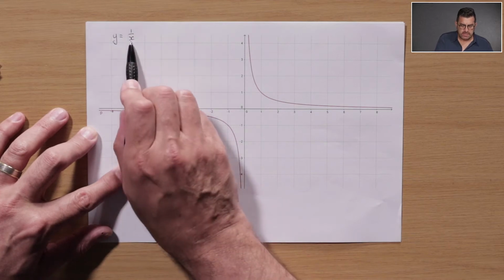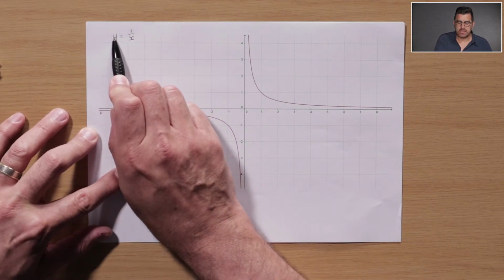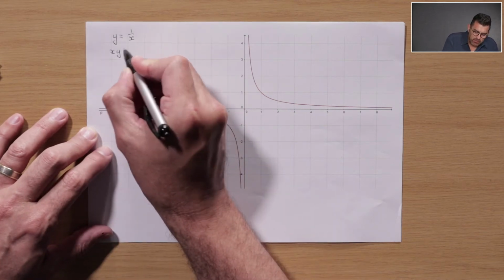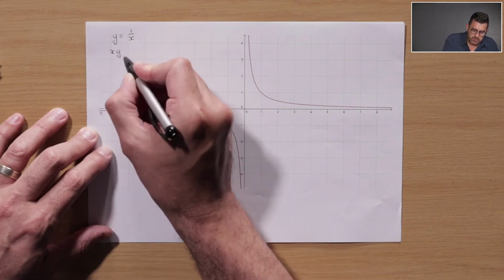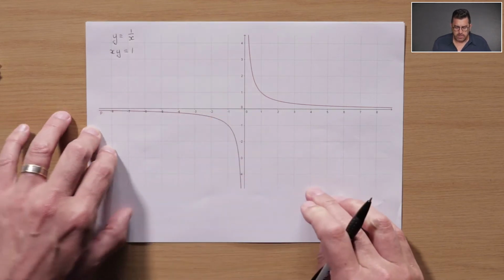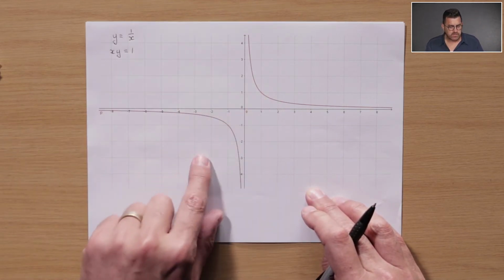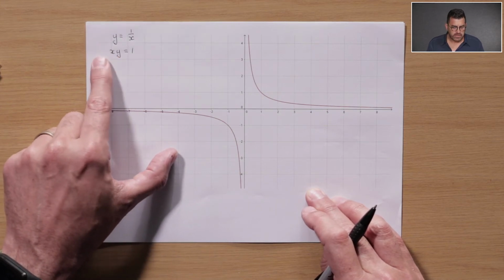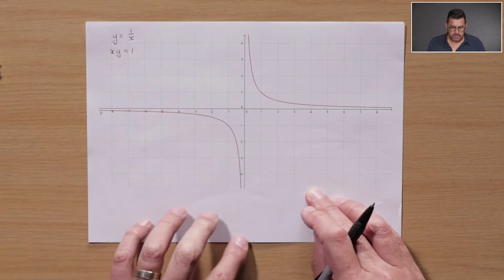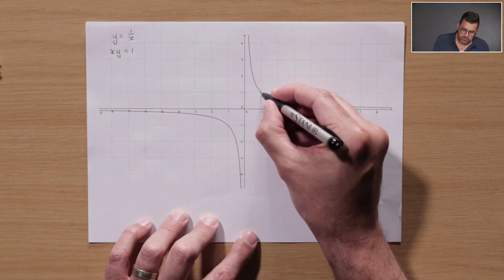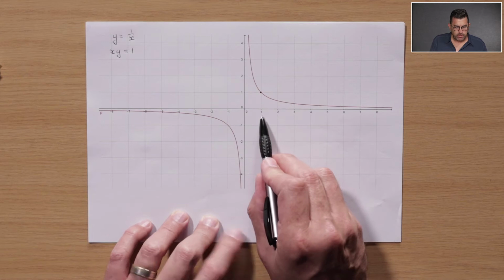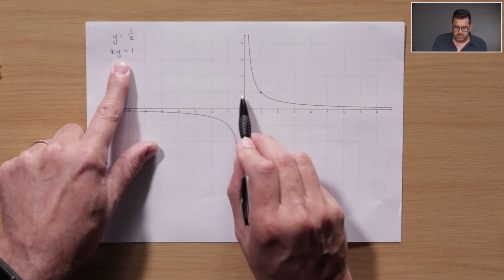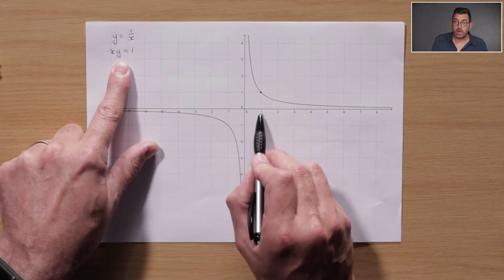So let us take this x and multiply it across, and then see what the hyperbola is actually made of. If I multiply both sides by x, it is saying to me that what's represented on this graph is the product of two values, and that product gives me 1. Now let's see if that's the case. Let's just look at this point over there. That's the point where x is 1 and y is 1, and the product of 1 and 1 is indeed 1.